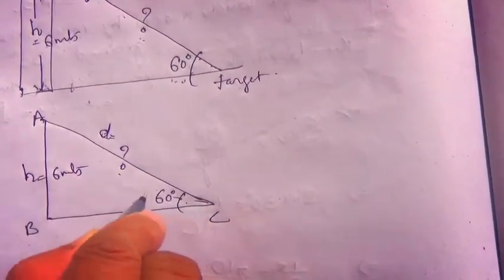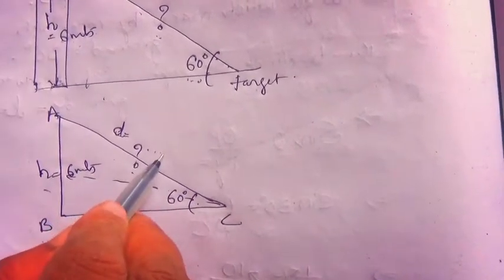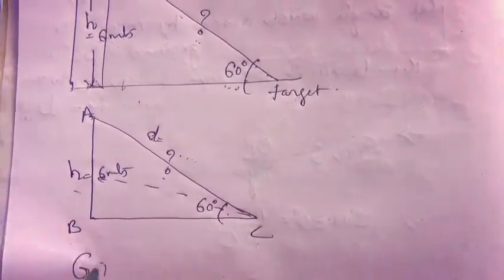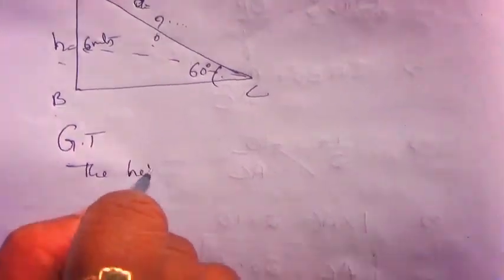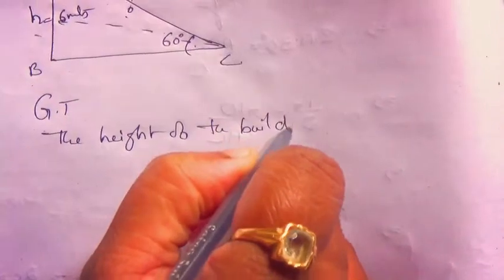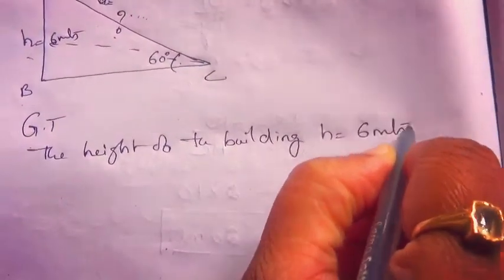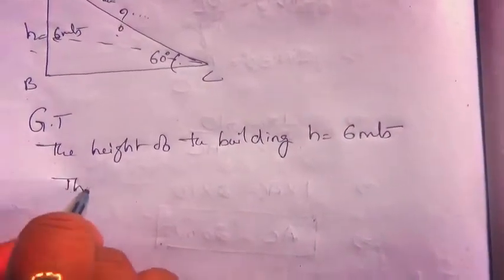Look at here, for this 60 degrees, h is the opposite side, and this is the hypotenuse. Okay, so given that the height of the building h is equal to 6 meters.